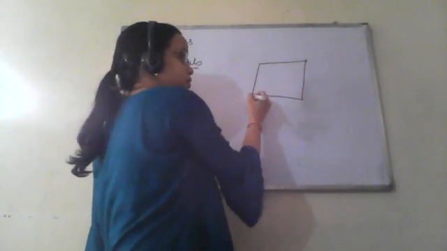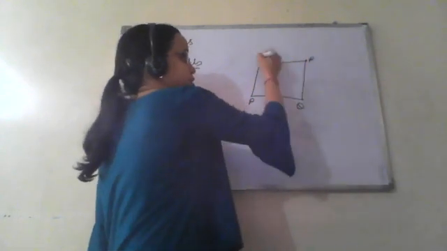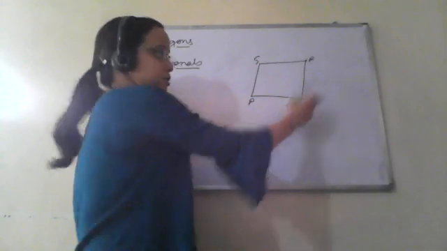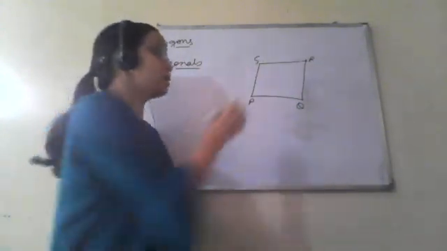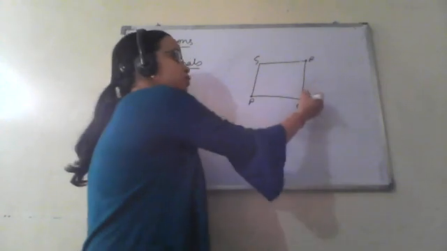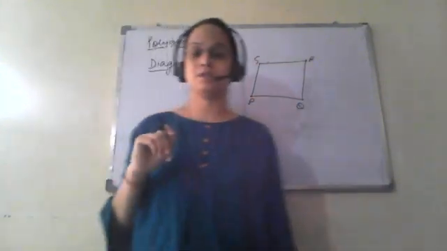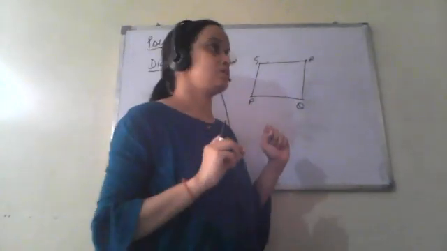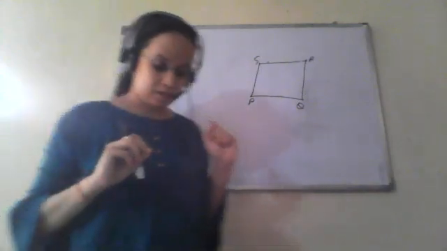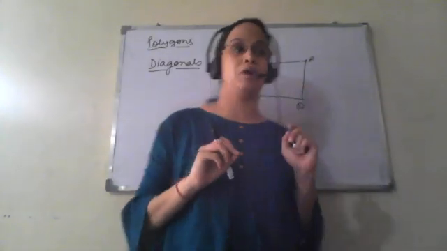If I term this figure PQRS, then PQ is a line segment, QR is a line segment, RS is a line segment, PS is also a line segment. But these points P, Q, R, S are the vertices, the joining points of line segments. So a diagonal is a line segment connecting two non-consecutive vertices.